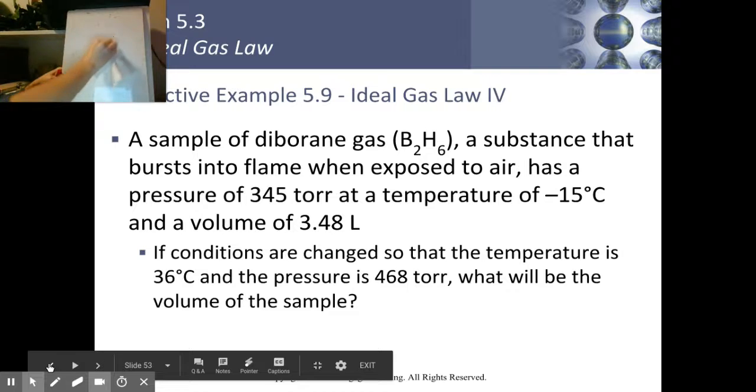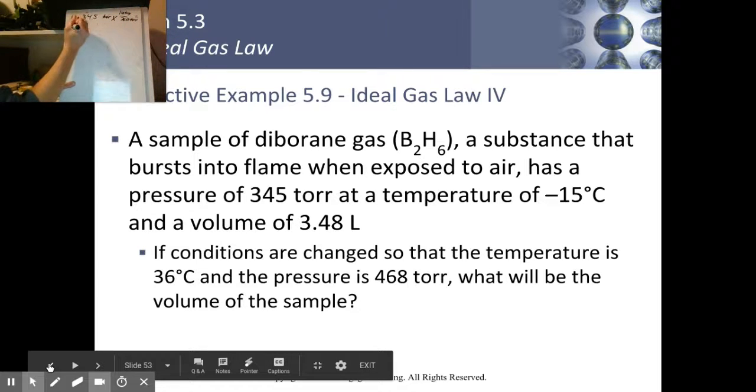Okay. So what do we have? We have a pressure of 345 torr, which we're going to have to convert into atmospheres. So we're going to divide it by 760 because that's the conversion factor.